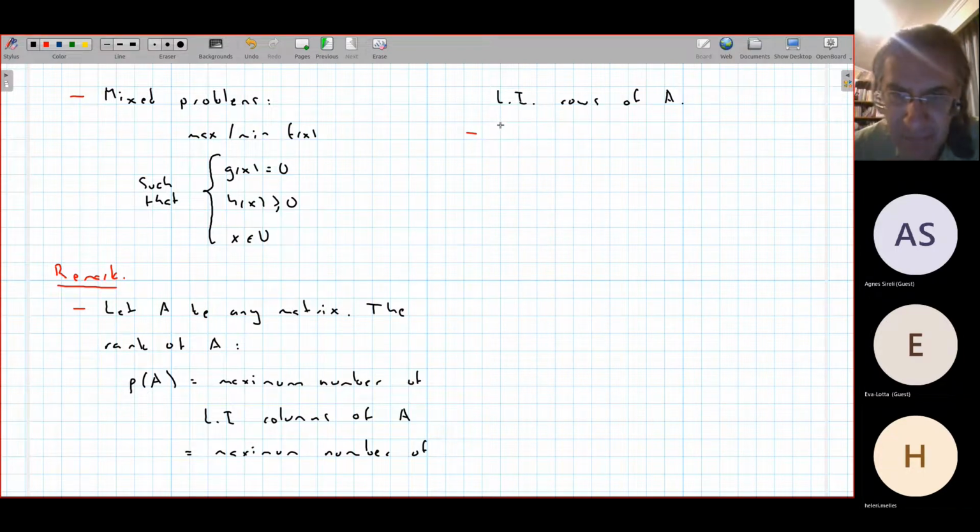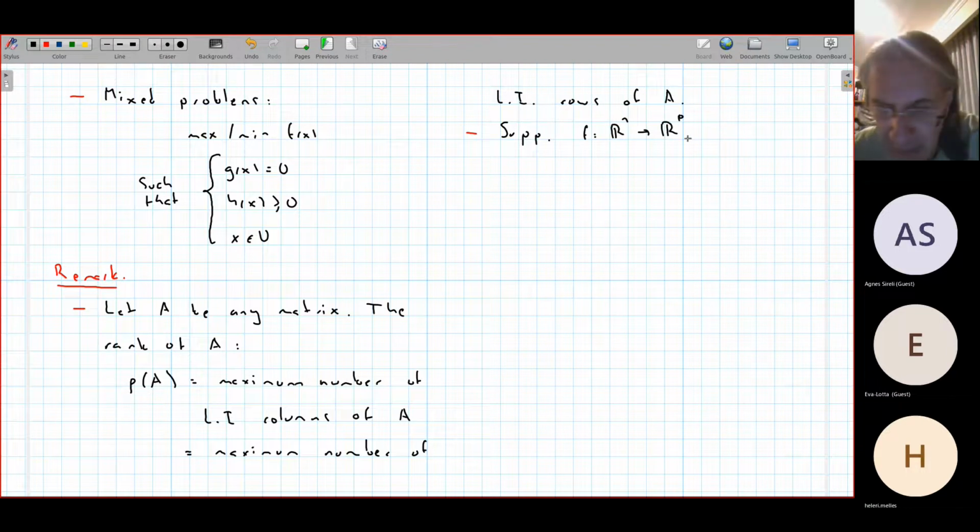So suppose that you have a function. This function goes, let's say, from Rn into Rp. And suppose that this function is differentiable at some point. So suppose that f is differentiable at some point x in Rn.